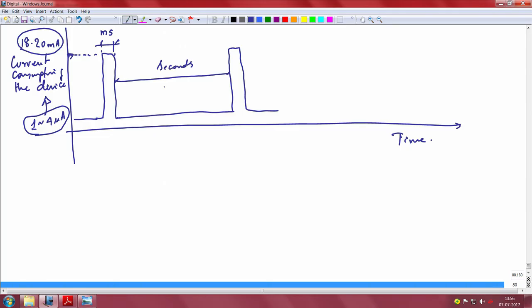This is seconds and this one again is obviously going to be in milliseconds. There is something nice about this picture from a battery perspective. One thing is, this is the time over which the battery has a chance to recover. Okay.